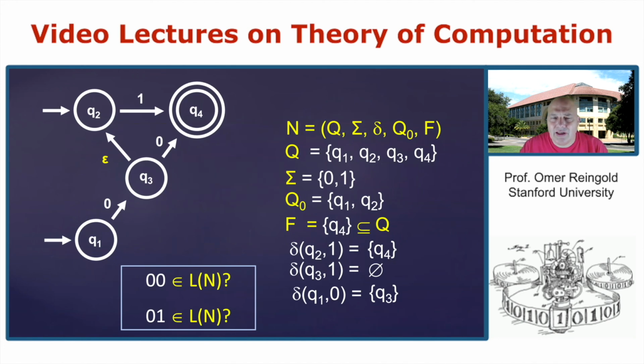Well, you would still like to start with Q1. You take a 0 to Q3. But now, how can you take a step with 1? You can first make an epsilon move from Q3 to Q2, and now take a step with 1. So both of these strings are in L of N.